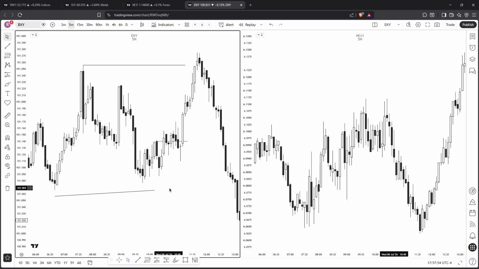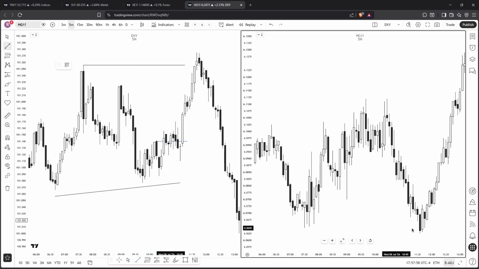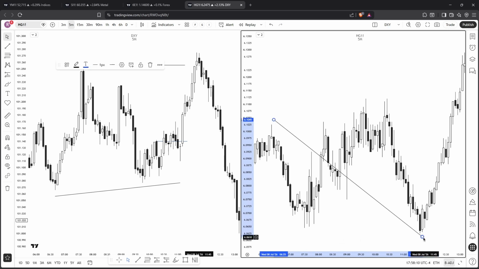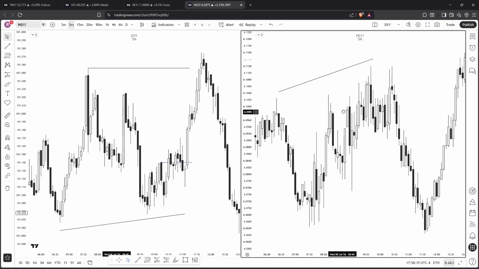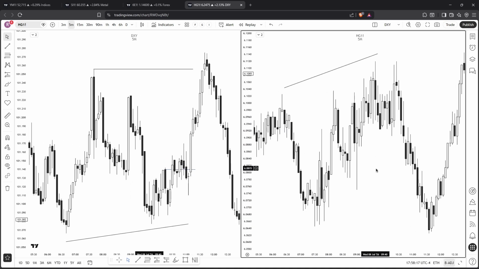So this low and this low right here is contrast SMT. This was a little after, but oops, it's literally the opposite. My bad. It's this high and this high, right? Because they are inverse.